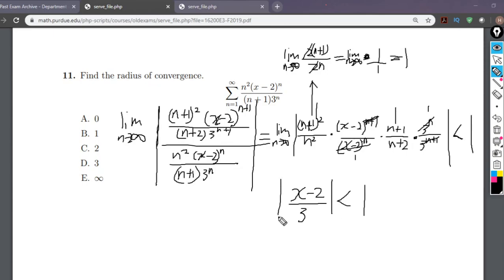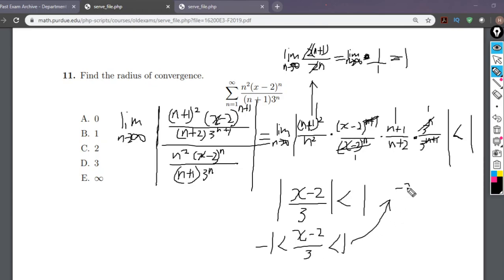And remember, the absolute value still holds. So when we take the absolute value out, it should be 1 more than -1. And we can multiply by 3 on all sides.